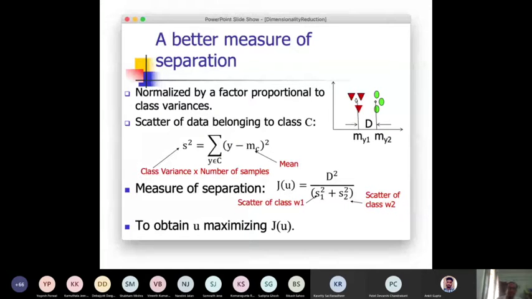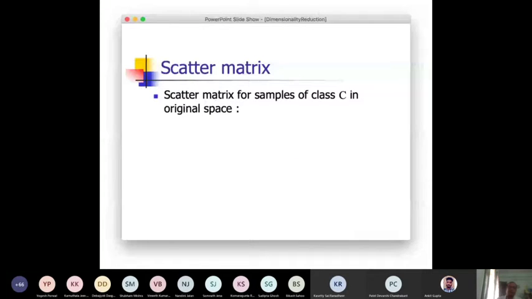We call this measure capital J, and the definition is shown here, which is a ratio between d square and the sum of scatter of those classes. The scatter of projected samples should be small, so the denominator should be minimized and the numerator maximized for the measure of separation.